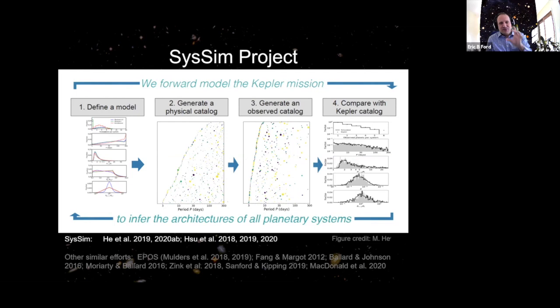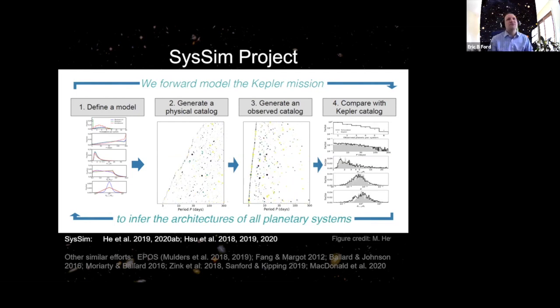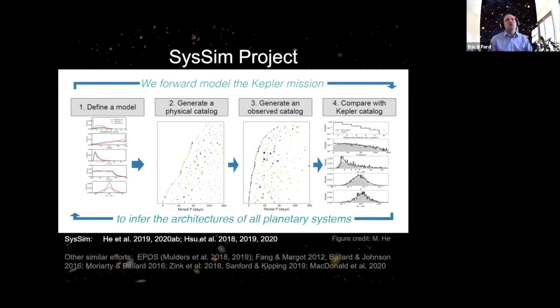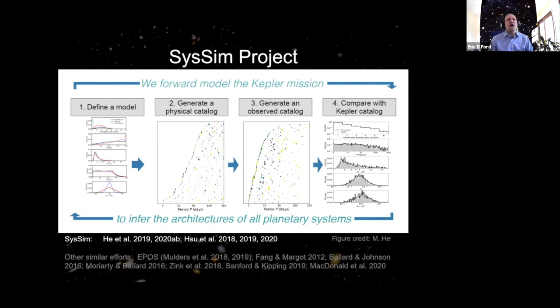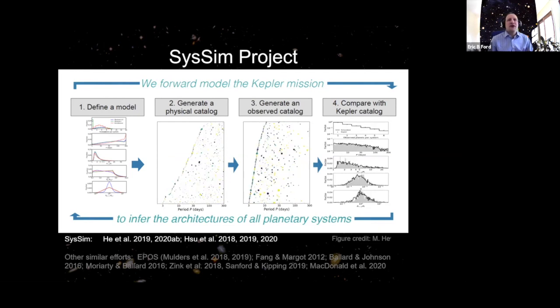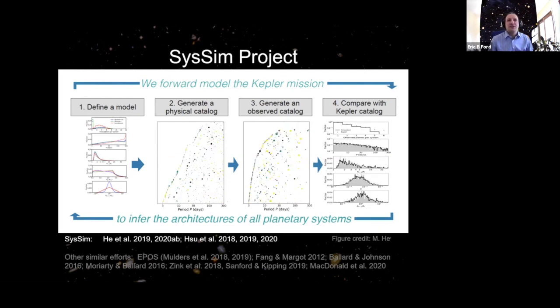So you get individual systems. You don't observe a continuous distribution. And then we have to simulate the Kepler observation mission. That includes both inevitable geometric effects as well as some not so inevitable, but in real life, that's what happened effects. And so we try to make that simulation process as realistic as practical.